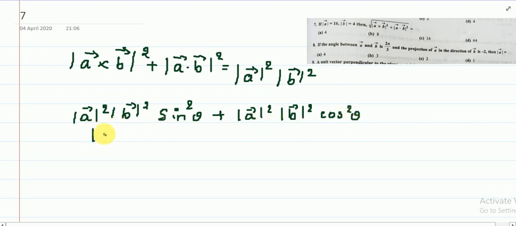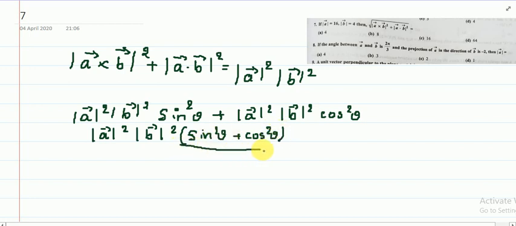Therefore, if you take magnitude of A square into magnitude of B square outside, then inside it will be sine square theta plus cos square theta. Now, sine square theta plus cos square theta is equal to 1. Therefore, magnitude of A cross B whole square plus magnitude of A dot B whole square is equal to magnitude of A square into magnitude of B square.